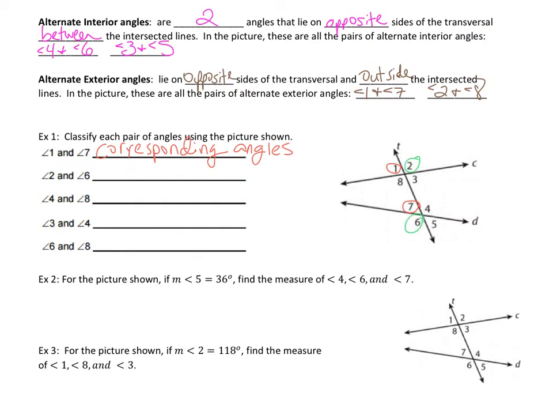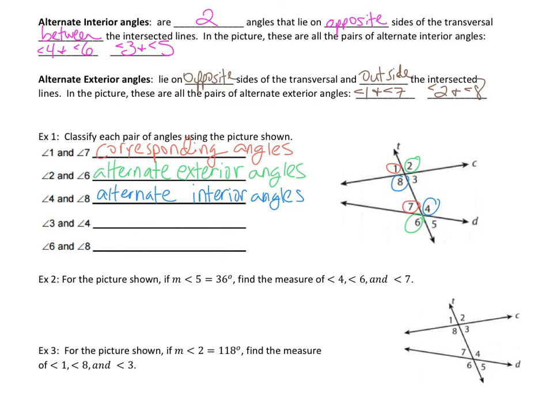Notice the transversal line is going down the middle, so they're going to be alternate something, and they are outside of those intersecting lines, so it'd be alternate exterior angles. Now for the 4 and the 8, they're still on the opposite side, so that would be alternate something. But then they are between these two intersecting lines, so it's on the inside part, so that would be interior angles.